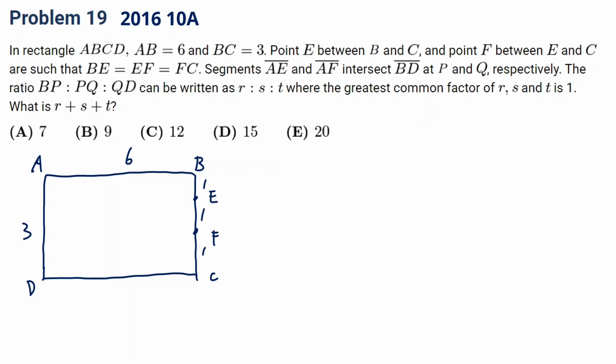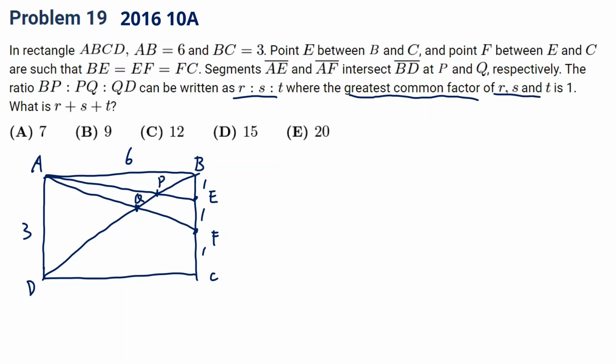Segment AE and AF intersect BD at P and Q. This is Q. The ratio BP, PQ, QD is R, S, T when the greatest common factor is 1. So they have no common factor. What is RST?